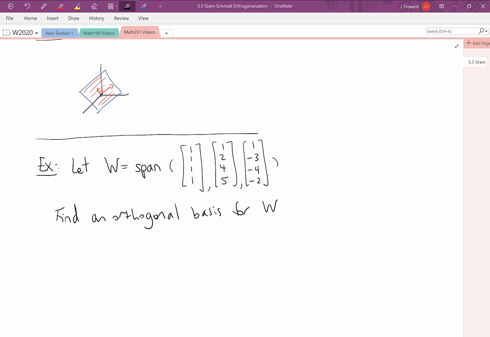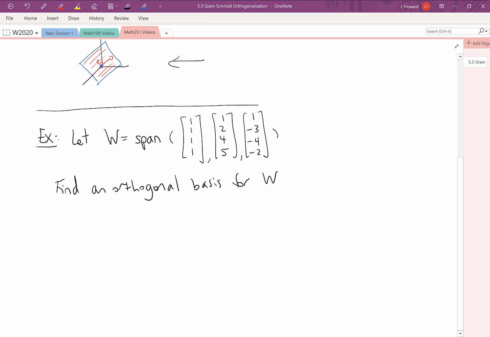And W is tilted in that four-dimensional space in the same way that the plane was tilted in R3 in our previous discussion. And what we want is to come up with three basis vectors that actually lie in that tilted subspace W. We also want them to be orthogonal to one another.